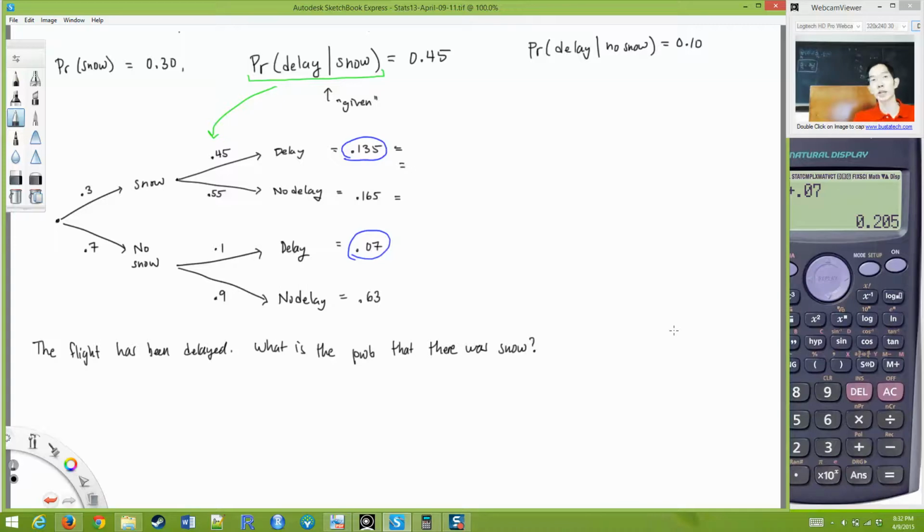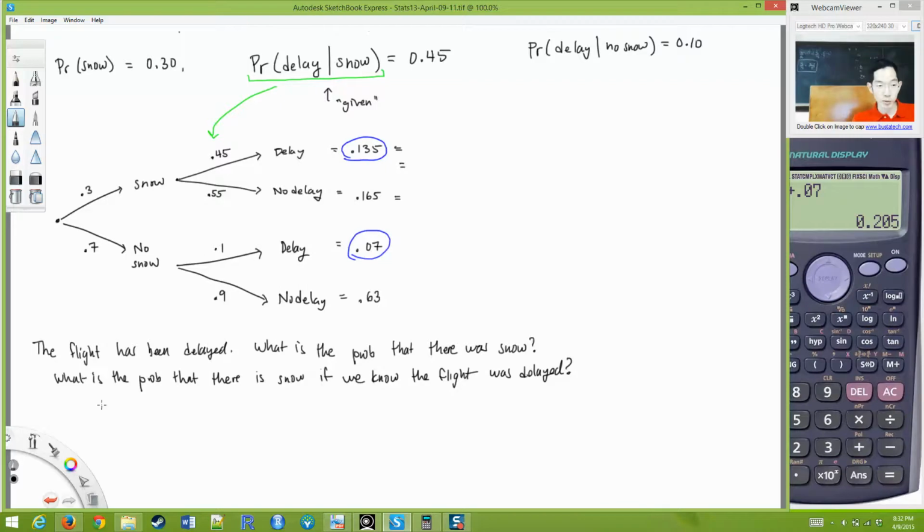How can we answer that? Okay. Well, how can I write this as an equation? So here we're asking, what is the probability that there was snow if we know the flight was delayed?